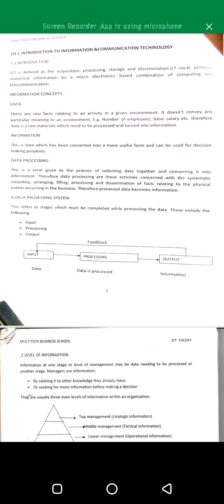It doesn't convey any particular meaning to an environment, e.g., number of employees, basic salary, etc. So this is data. This is something that has not been processed yet. This is why we call it data. These are raw facts. These are things that are not put together yet.